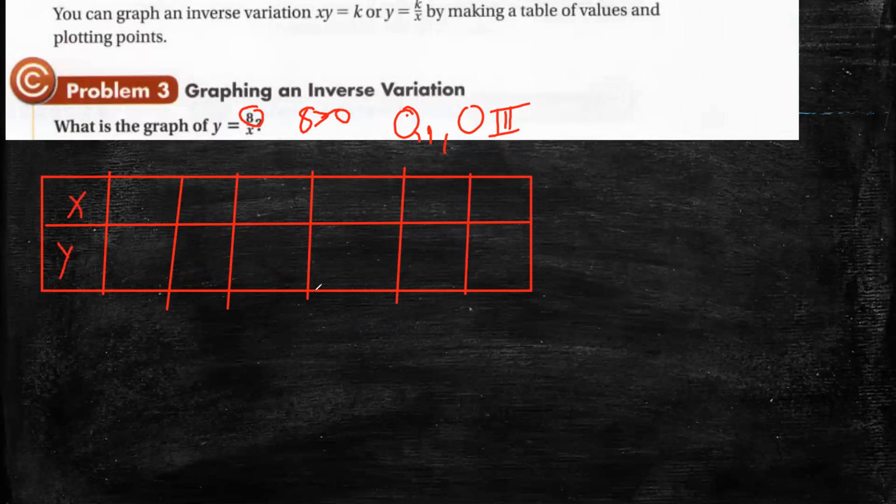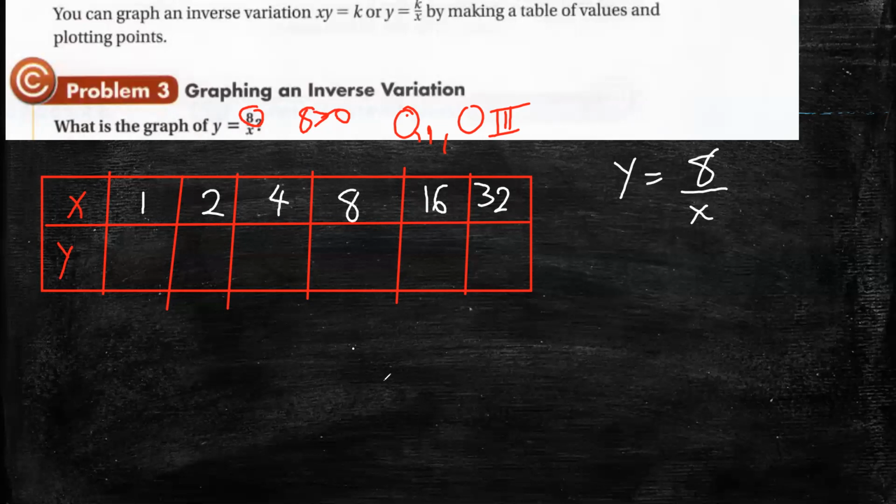Now let's put some numbers. If x is 1, 2, 4, 8, 16, 32, what will be y? So the first step, we plot some points here. Let's now use the equation to find y. The equation says y is 8 over x.